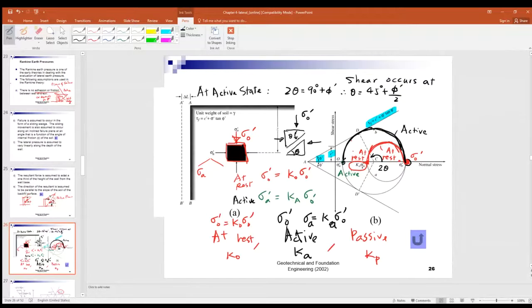Okay. Now, if that Mohr circle just touches this straight line, what's this straight line?